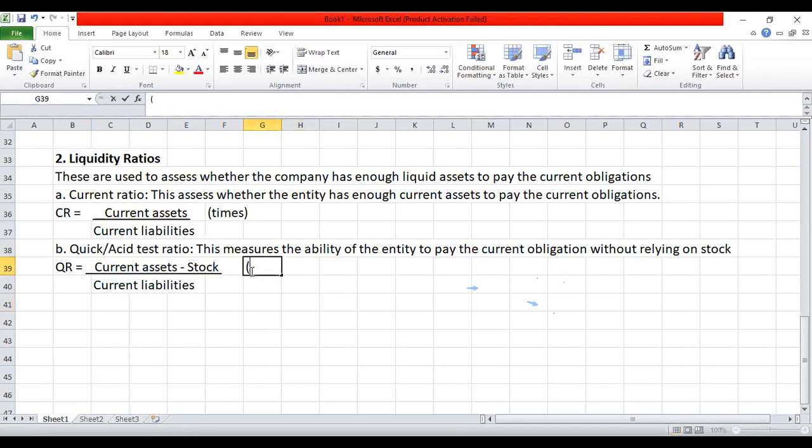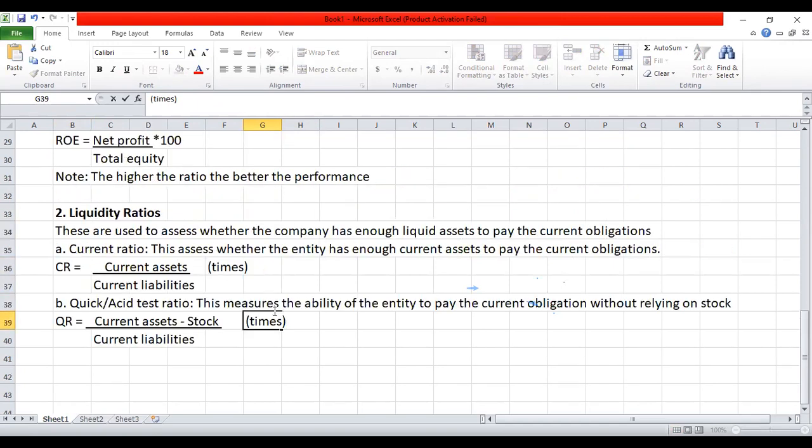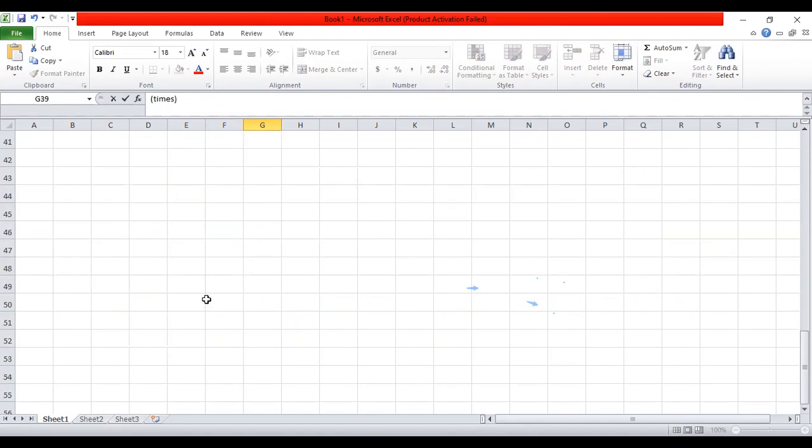So even here, you give your answer in times: the number of times your current assets can pay the current liabilities without relying on stock. So that is how we measure liquidity.